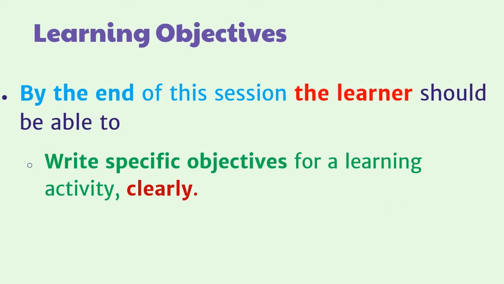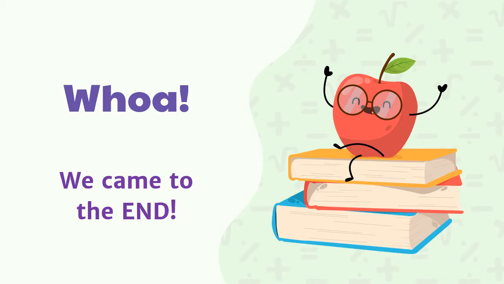We come back to our learning objective. We aimed that by the end of this session, you should be able to write specific objectives for a learning activity clearly. And by this, I hope you already learned the objectives.